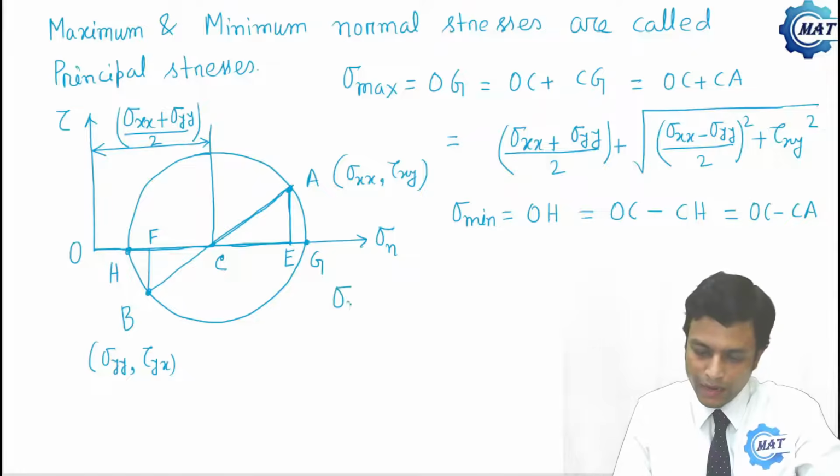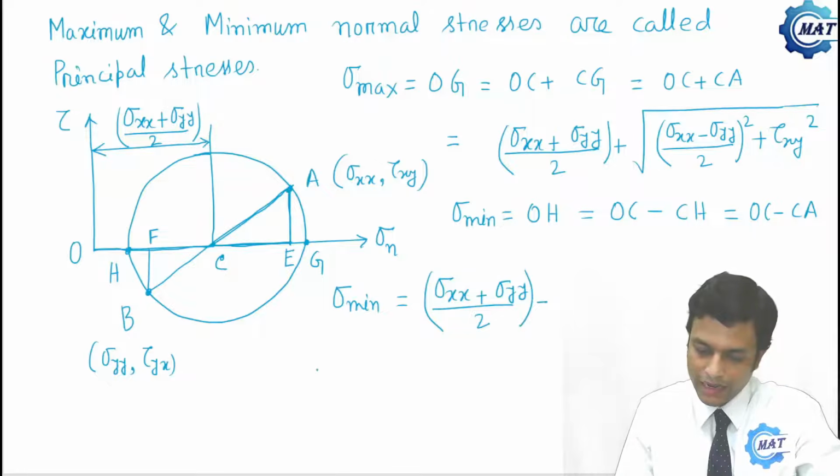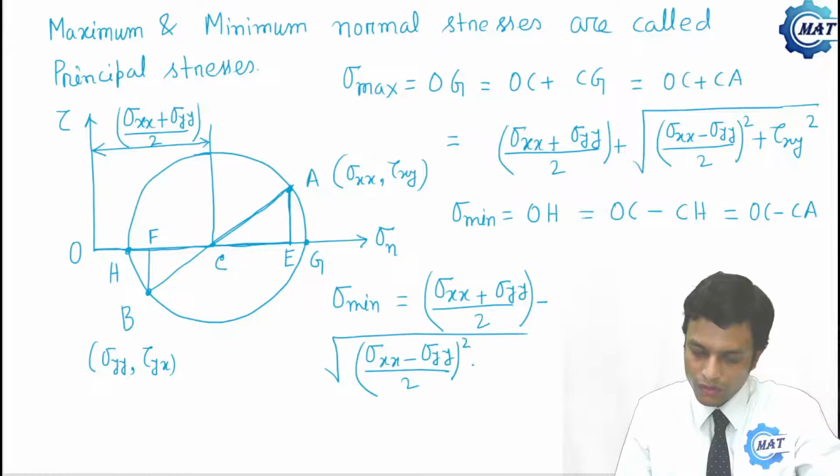So sigma min becomes sigma xx plus sigma yy divided by 2 minus root over sigma xx minus sigma yy by 2 whole square plus tau xy whole square.